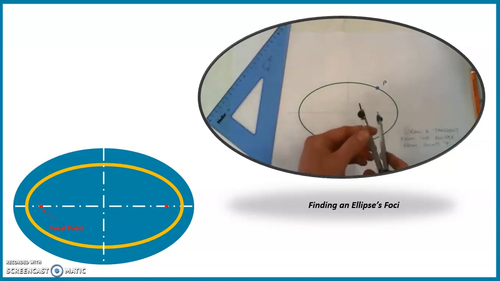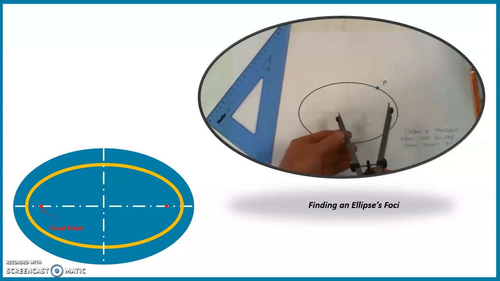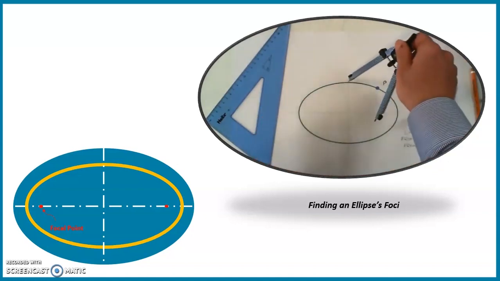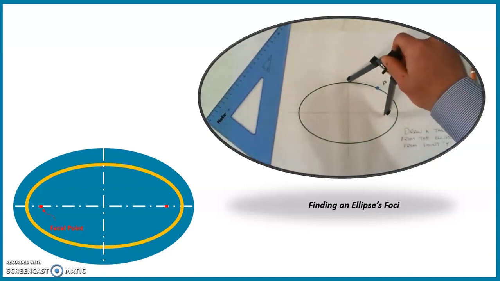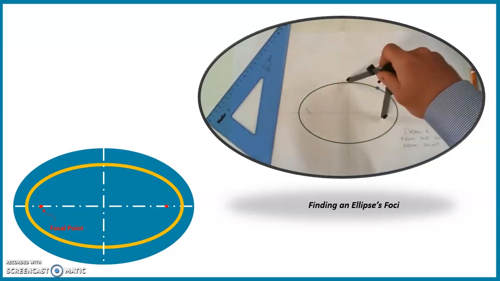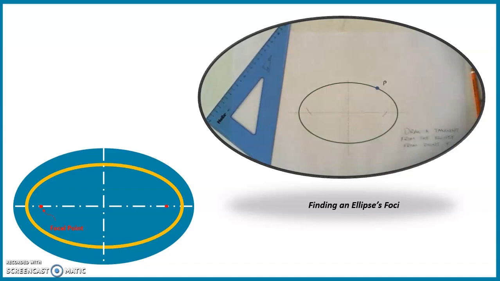If we have an ellipse, we simply measure half of its major axis, and we use that distance set with our compass, and we go to the top of the ellipse where the minor axis is, and we strike a distance left and right, and that is hitting our major axis to find the focal points. Now, we'll be going through how to construct an ellipse in more detail in a different video.